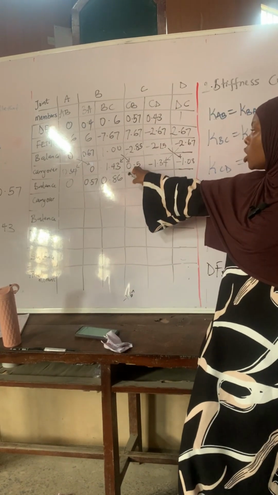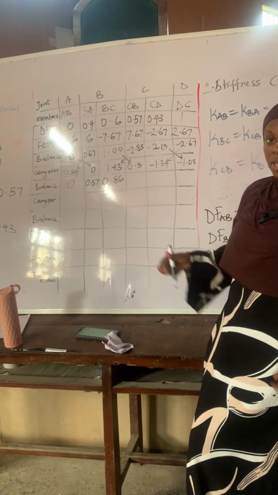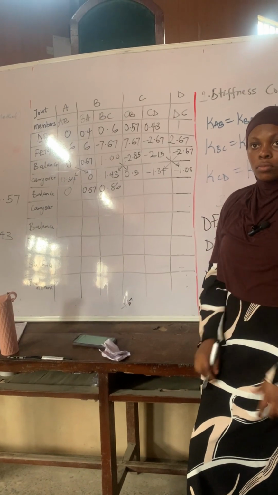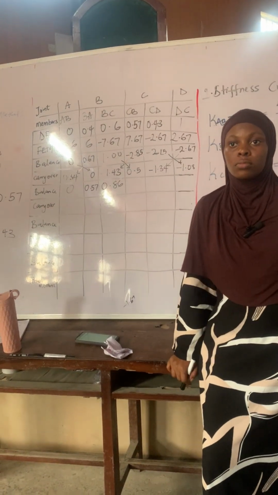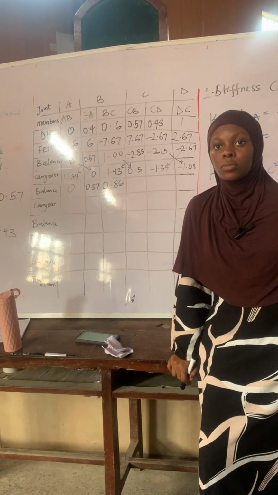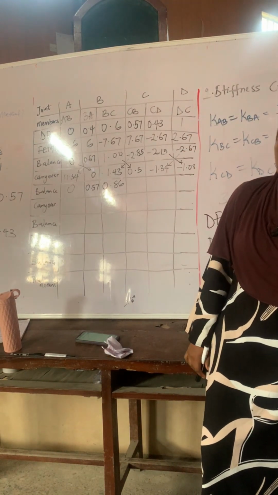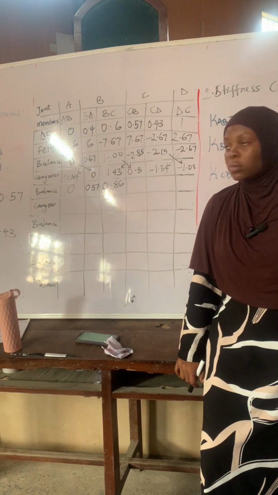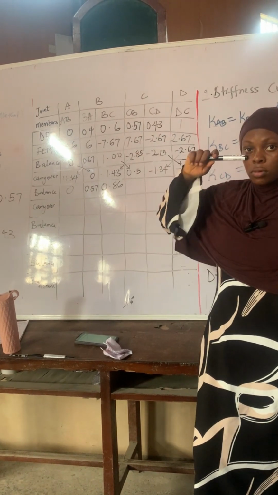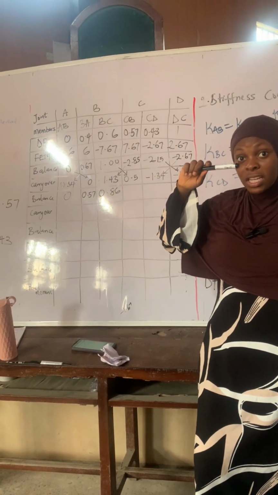So you come here now, 0.5 minus 1.34. So multiply by 0.57. Did I say plus? I said times.